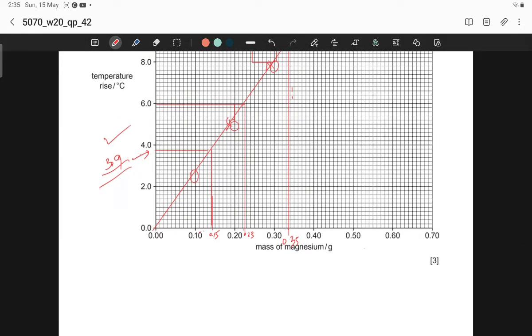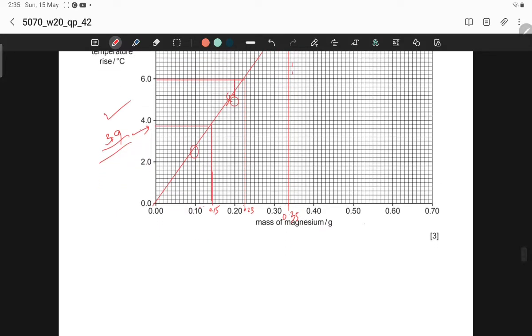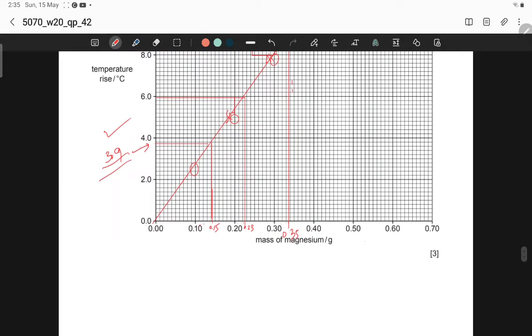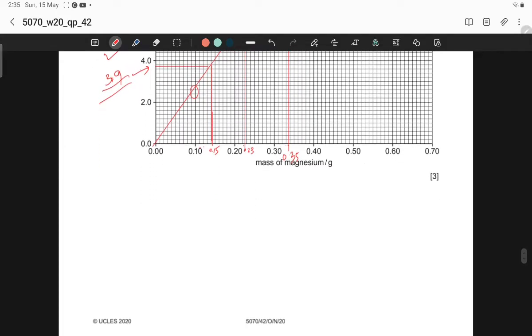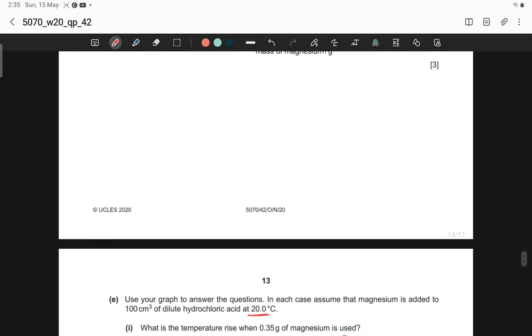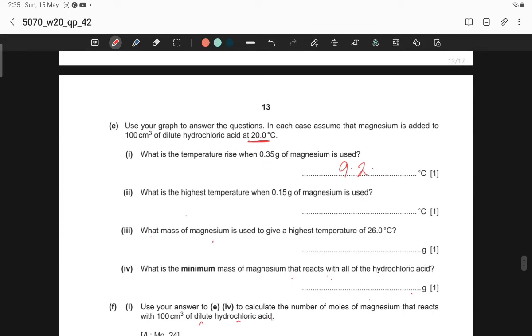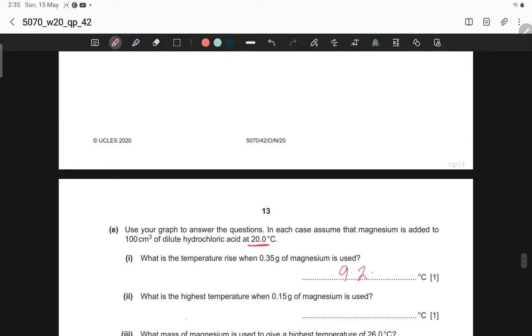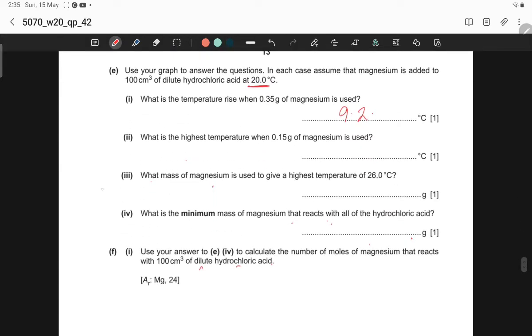This is about 3.9, and the initial temperature is 20.